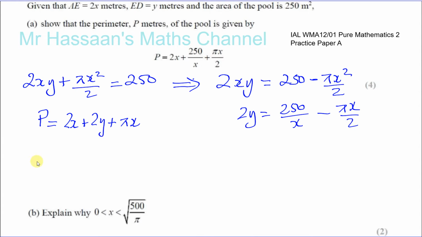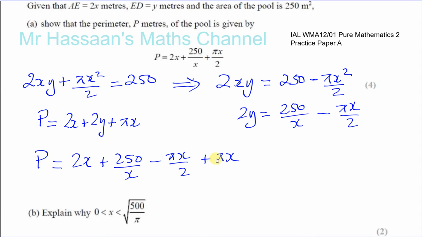So now I can take the perimeter and replace the 2y with what it's equal to. So I have 2x plus, and now instead of 2y I can write 250 over x minus pi x over 2, and plus pi x, and all we have to do now is add these like terms together.